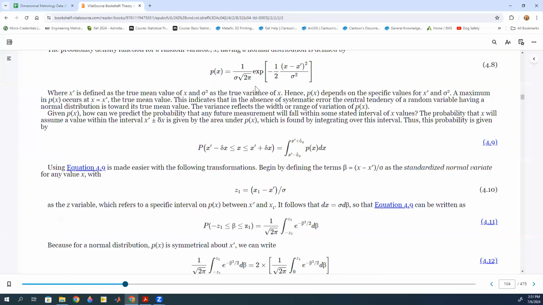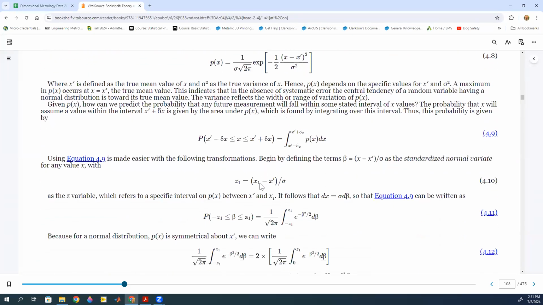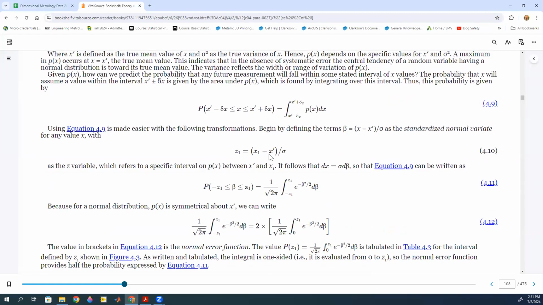This all has to do with describing the behavior of a population, assuming the Gaussian distribution here, and then redefining the variables in terms of Z, which is X, a value of a measurement, minus the mean divided by the standard deviation.